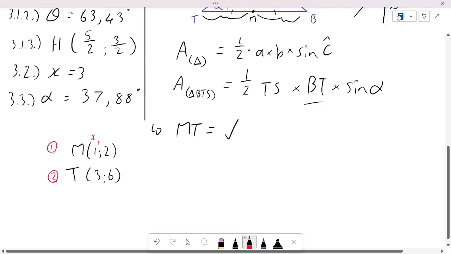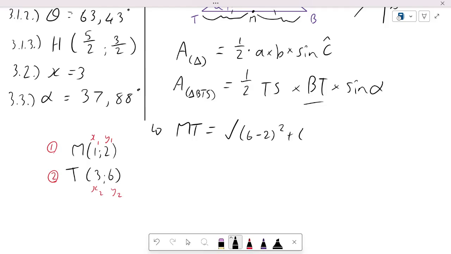Therefore, this is x1, y1 and this is x2, y2. Now we have y2, which is 6, minus y1, which is 2, all squared, plus x2, which is 3, minus x1, which is 1, all squared.